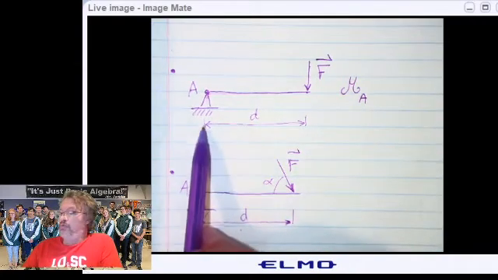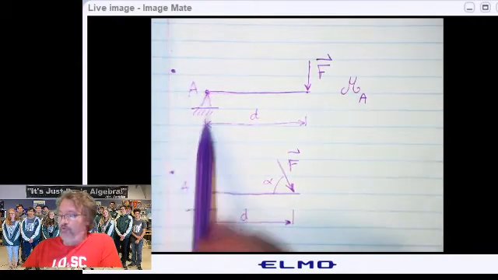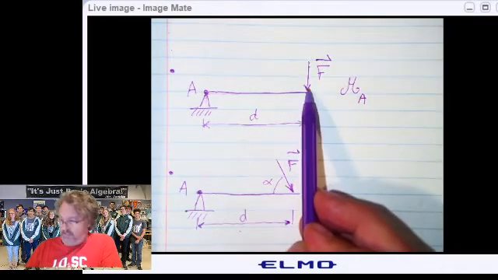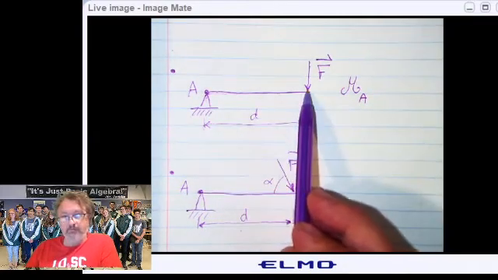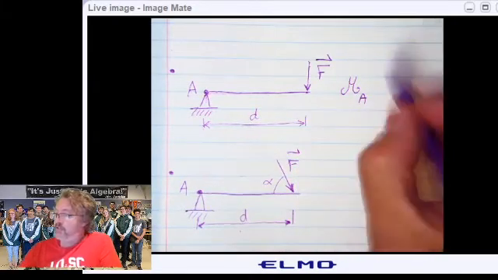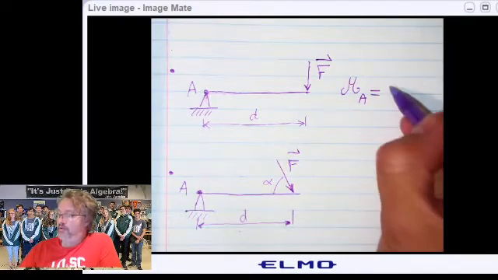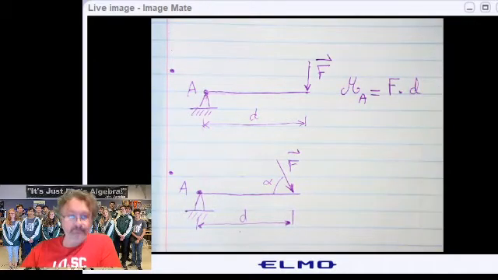Okay? We have the distance D between the point A and the place where the force F is acting upon this bar. In this case, it's going to be very simple. We just use the formula. It's going to be the force F times the distance D.